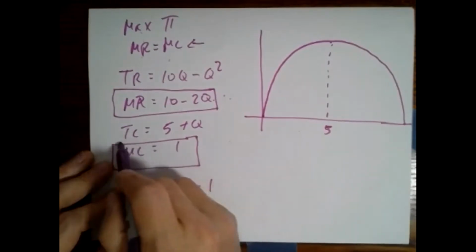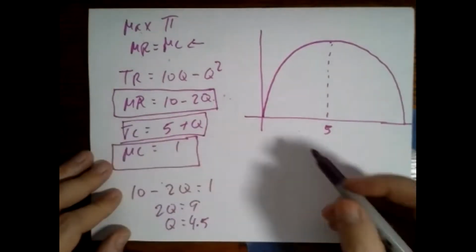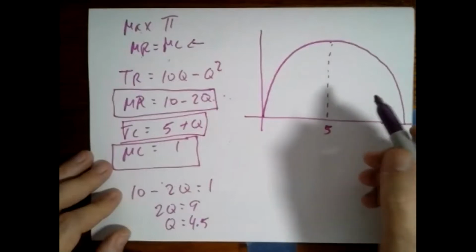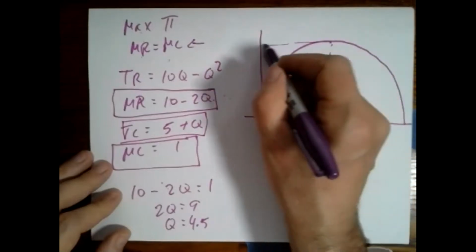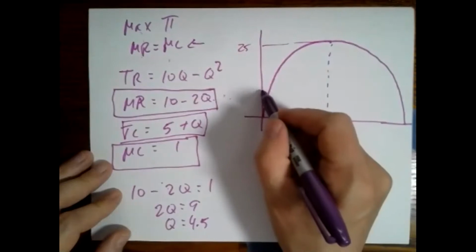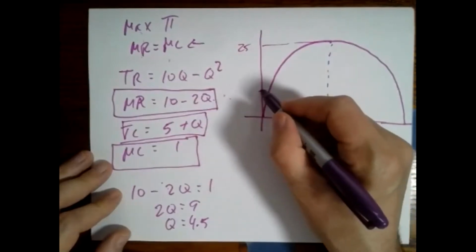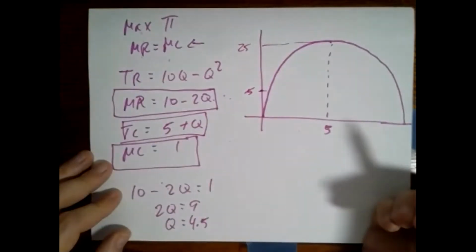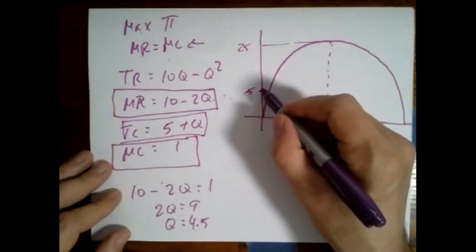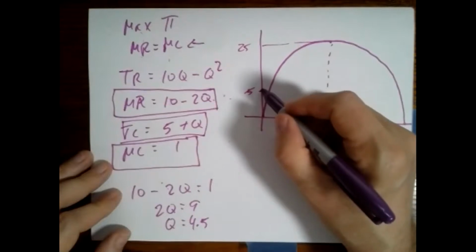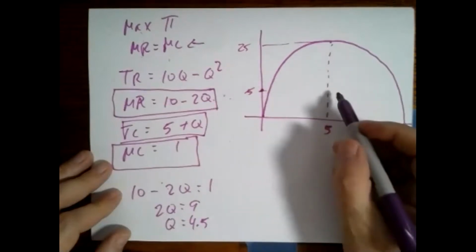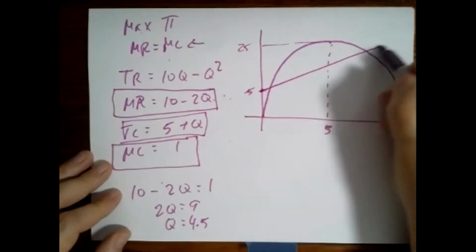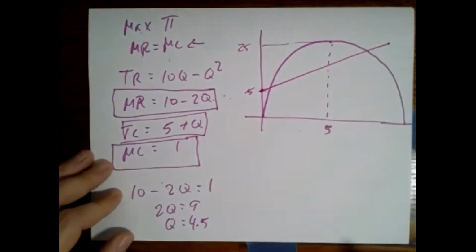And then we know her total cost curve is 5 plus Q, which is going to be a straight line, something like this.